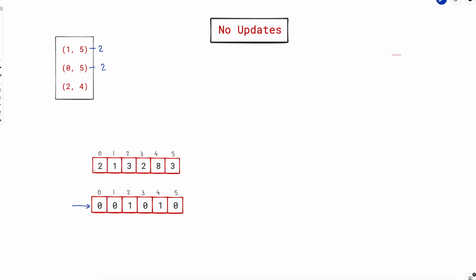The answer is actually no, because if you look at 2,4 and sum up these things you will get 2. But if you actually figure out the value at 2,4, let's try to calculate it. Is this a peak element? Answer is no, because there is nothing before it. Is this a peak element? No, because it is smaller than the previous element. Is this a peak element?